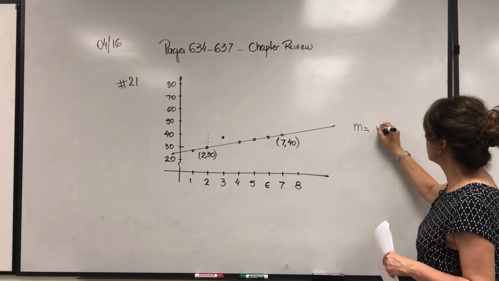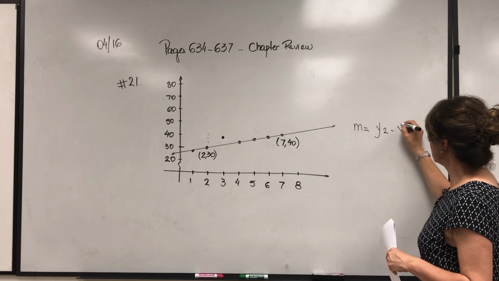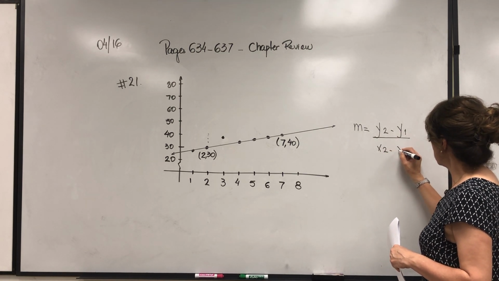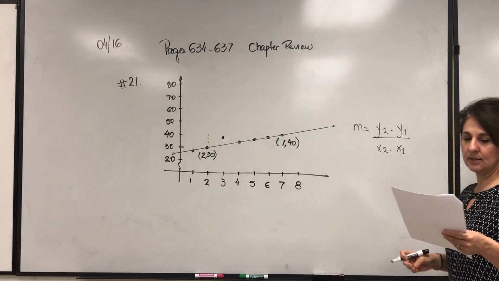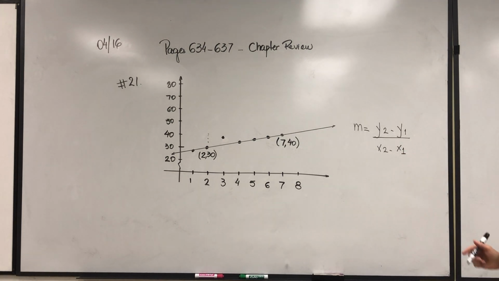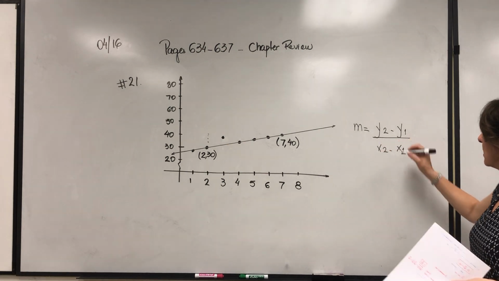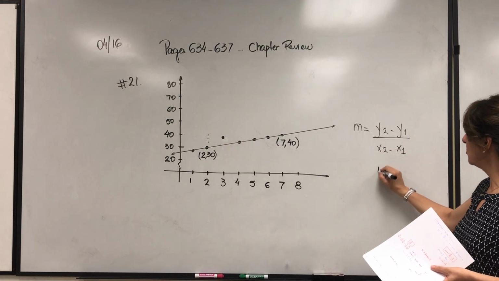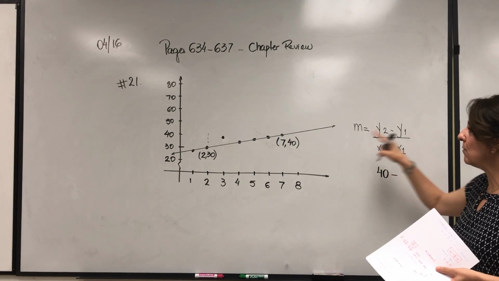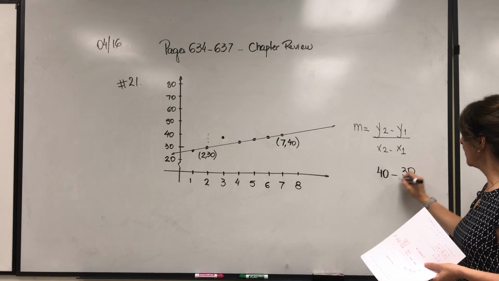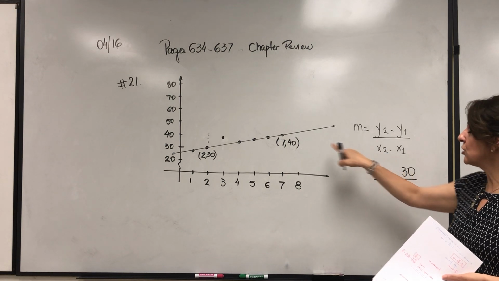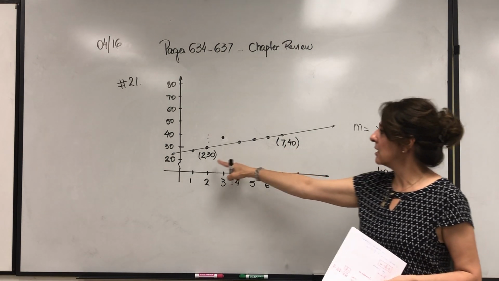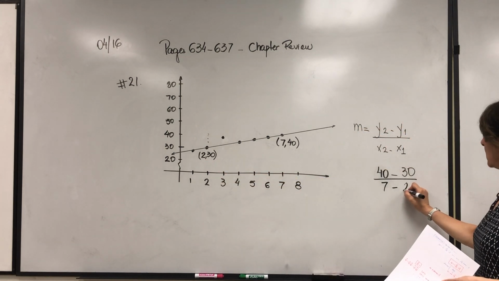M is equal to y2 minus y1 over x2 minus x1. y2 is 40 minus y1, which is 30, over x2, which is 7, minus x1, which is 2.